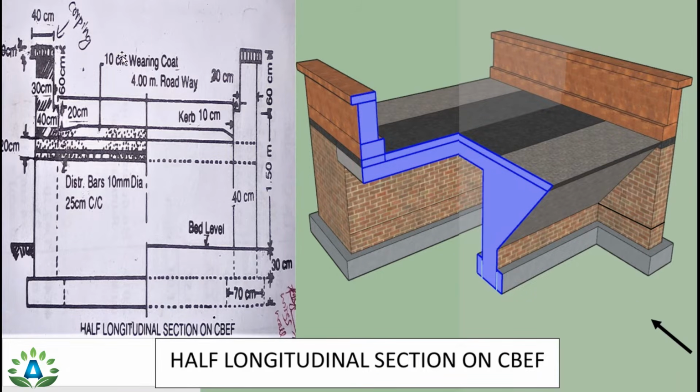Here we have this coping in this part, and this is our 30 centimeter width parapet, and this is our 40 centimeter width parapet, and this small portion is our 10 centimeter wearing coat, that means this portion. And these are the brickworks, and these are the lime concrete portion. This is also the lime concrete portion, and this is our bed level. And when we view this object from the front view, this portion will appear rectangle. So it looks like a rectangle here.